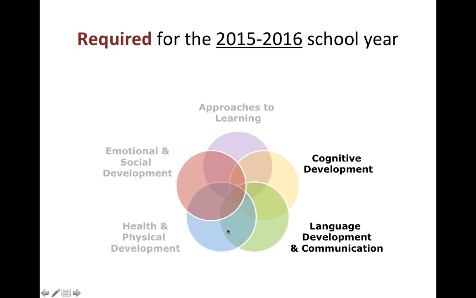And on this slide, we are showing that for the purpose of the KEA, cognitive development and language and communication development are the 2 required constructs for the 2015-16 school year. And we just kind of wanted to remind you that those were the 2.